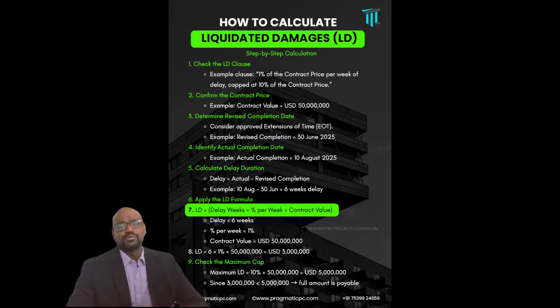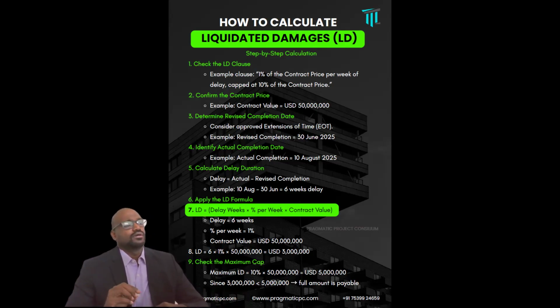When a revised EOT has been accepted between both the parties, then the contract completion date automatically gets revised or updated. So the updated or revised completion date is 30th June. So even though the contract doesn't directly refer to this, the EOT plays a major role. If it is approved by both the parties, then the date that is taken for the calculation must be the EOT date.